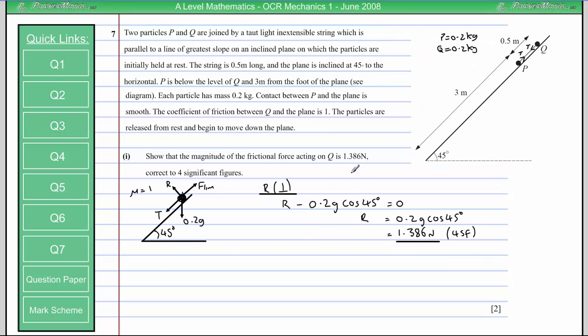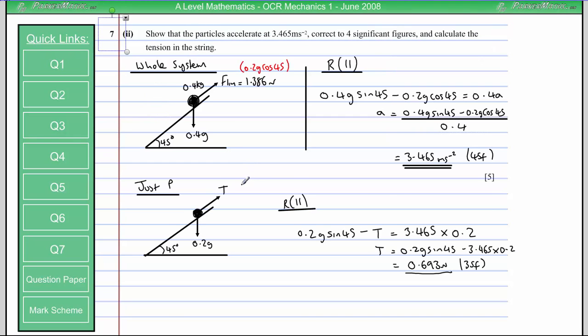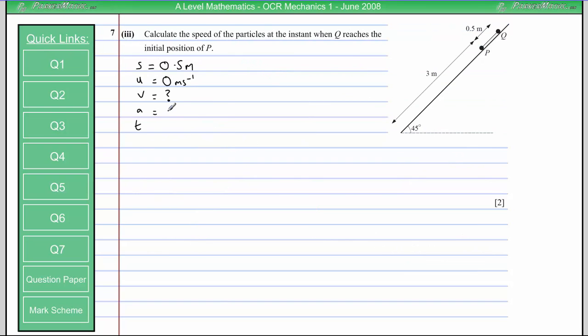In part 1, at the end it says the particles are released from rest, so we know that the initial velocity is 0. The final velocity is what we're interested in finding. The acceleration we found out in the last question was 3.465 given to 4 significant figures. And we don't know the time.